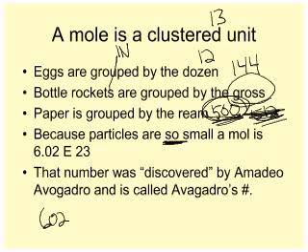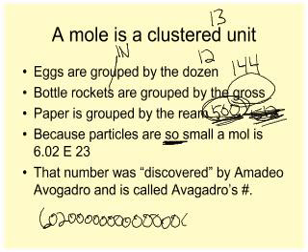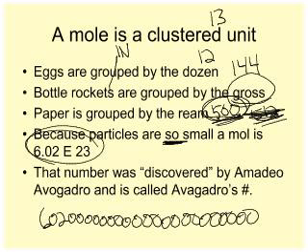That means 602, and then 21 more digits. That's a lot. Okay, that number was discovered by Amedeo Avogadro and is called Avogadro's number. So you need to have this number memorized, and you will pretty shortly just from the work we're going to do, and know that it's Avogadro's number.